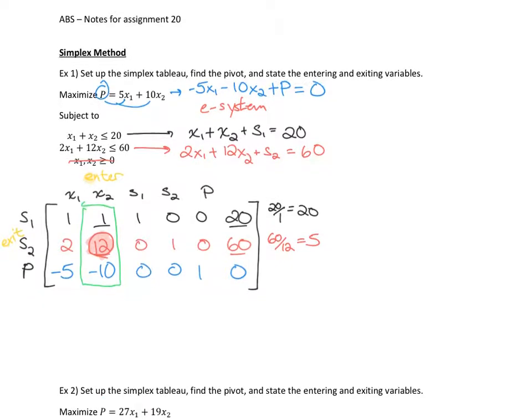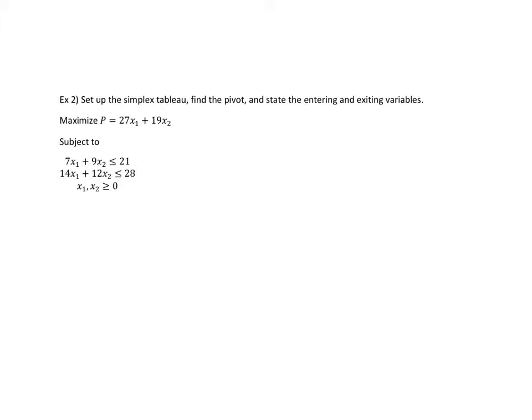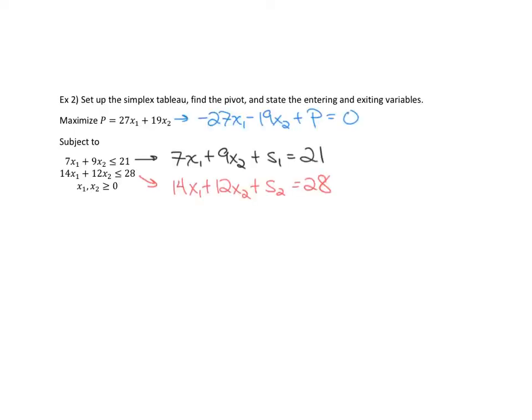So let's move on to example 2 here. I'm just going to run through the same process. You're not going to get tired of seeing it because this is exactly how the simplex method works. So first I'm going to create that system. Again, with the inequalities down here, any of the non-negative constraints need to be written as equations by adding a slack variable.